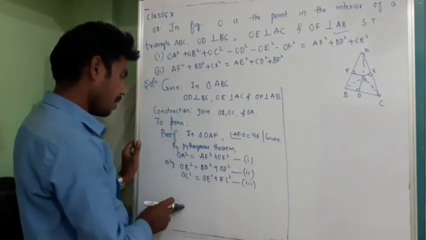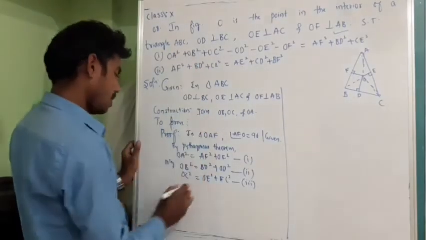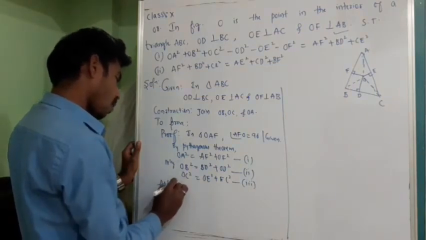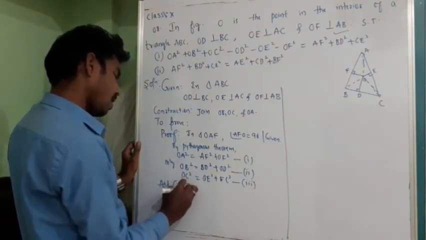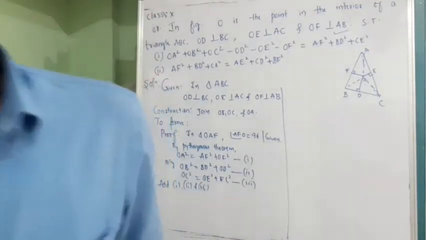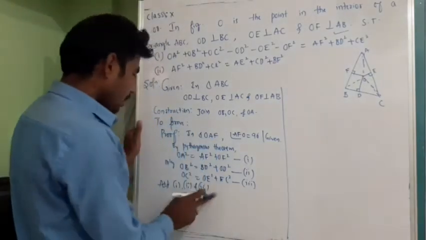So now add 1, 2, 3. See what I need: OA square plus OB square plus OC square. Add 1, 2 and 3.